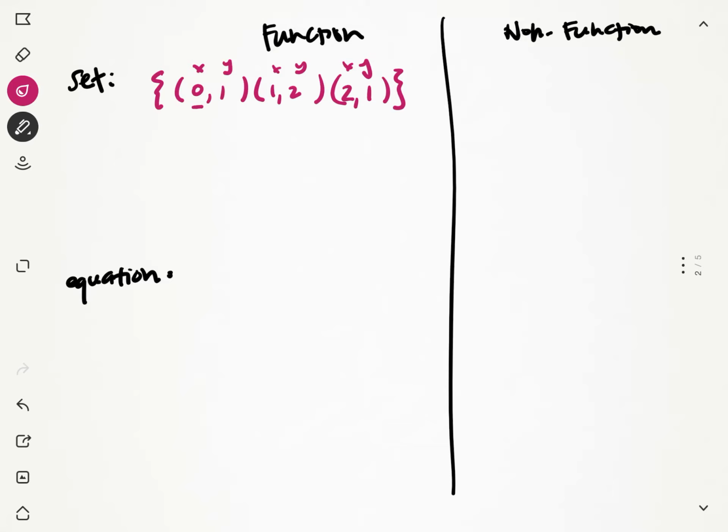So this is a function again. 0 only has an output of 1, 1 only has an output of 2, and 2 only has an output of 1. There's no multiple x's that have different y's. Even though in this one and this one we have the same output, that's fine because both of those are different x's.